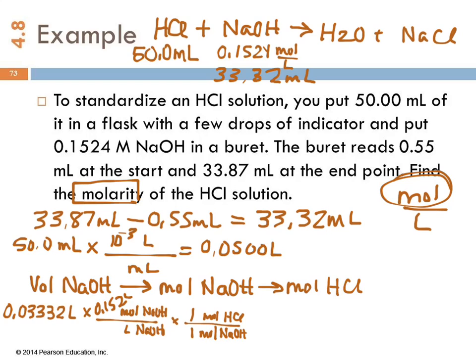So 0.03332 times 0.1524 times 1 over 1 gives 0.005077968.